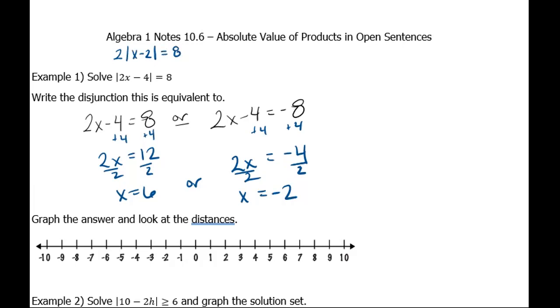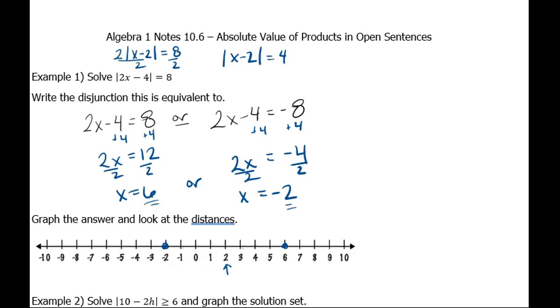Then I could divide this 2 out and have x minus 2 in the absolute value is equal to 4. So it's my distance of 4 between x and the number 2. So if I go to 2 as my start and go 4 away, I'd find that's exactly what I got algebraically.